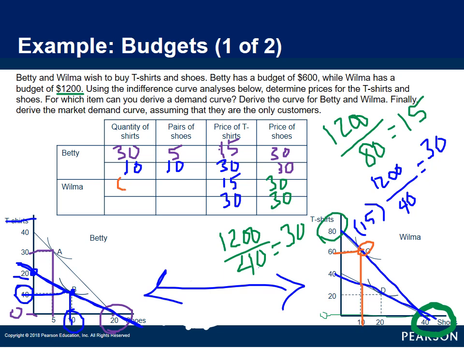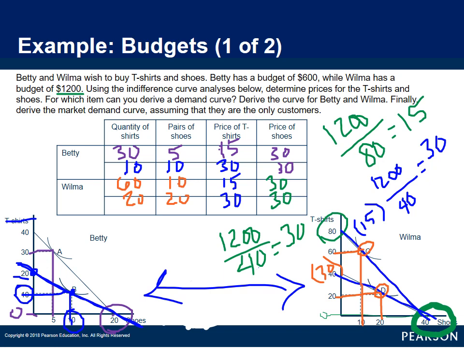So that was 60 shirts, 10 pairs of shoes. And at the $30 budget line, point D is her consumer equilibrium, and she would have the highest satisfaction at 20 pairs of shoes and 20 t-shirts.